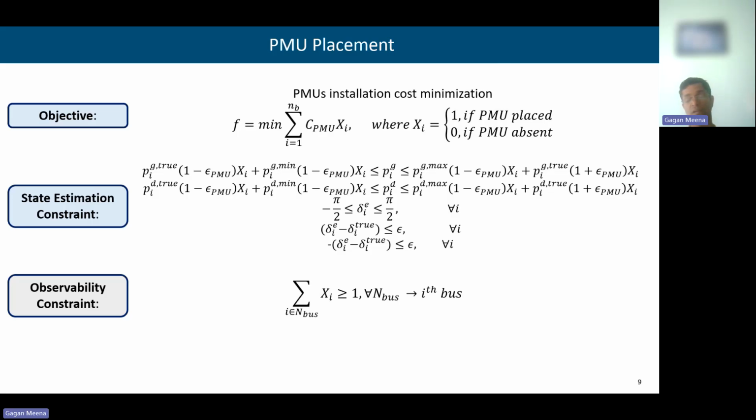The observability constraint is that, from bus i, the summation of xi, where i belongs to the set of buses, should be greater than or equal to 1, for every bus i. Summation of xi is greater than or equal to 1.